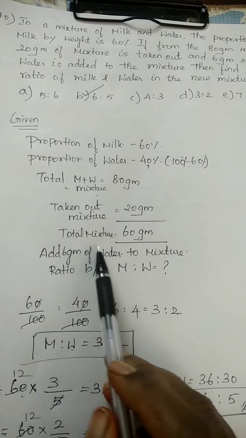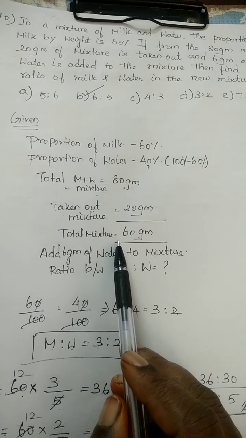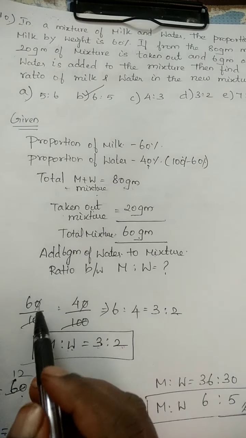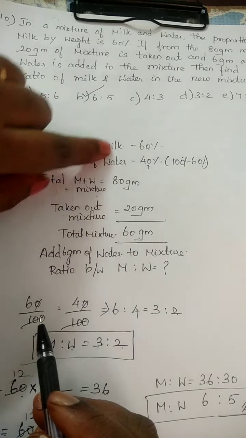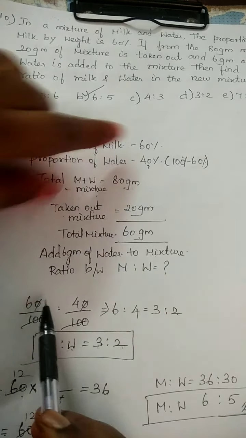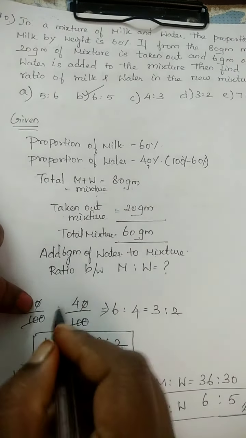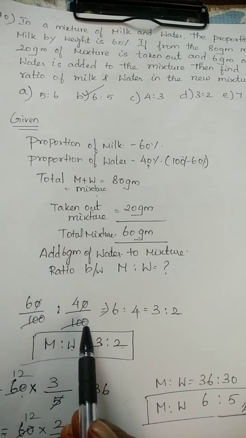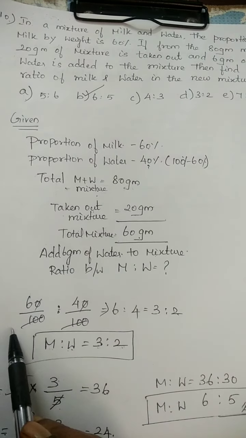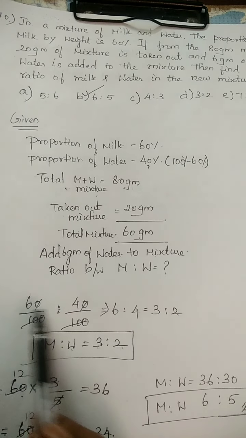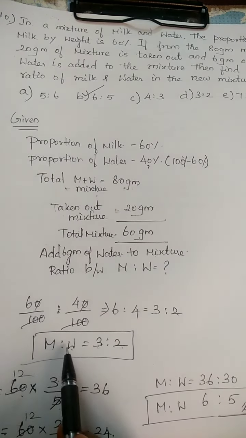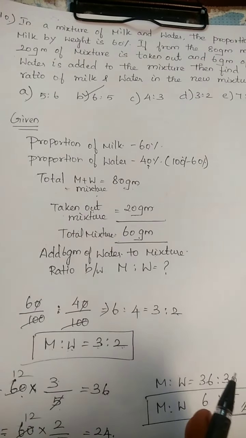Okay. Now we know the 60 gram total mixture. To make the ratio between milk and water, just 60 divided by 100 and 40 divided by 100. Because it's in percentage, the 100 gets cancelled. The new ratio of the proportion of milk and water is 3:2.